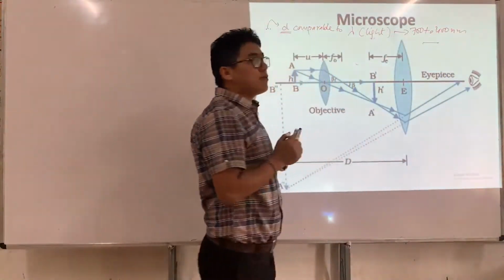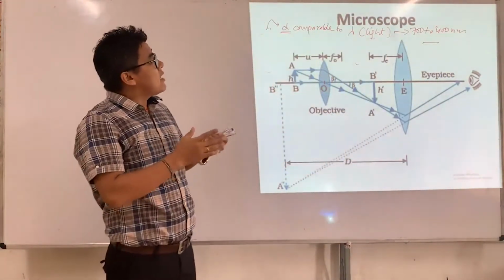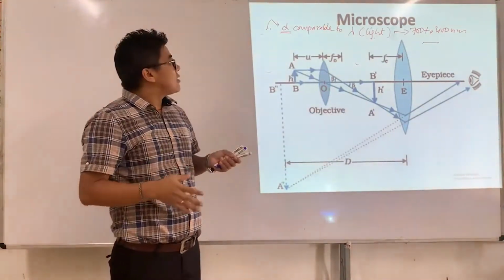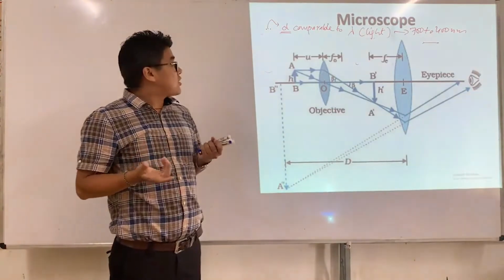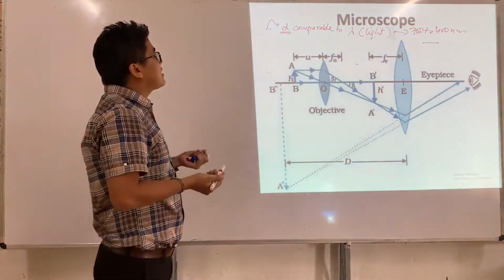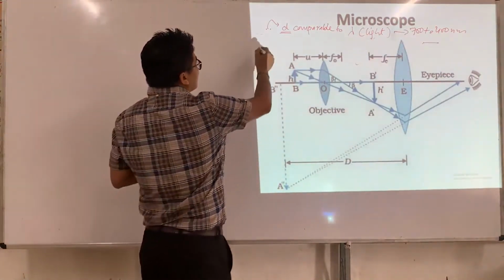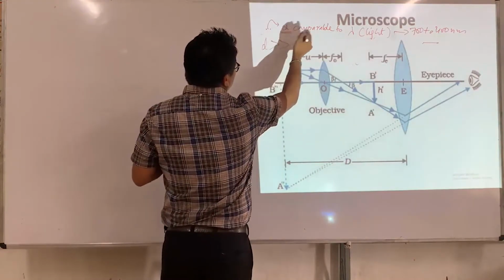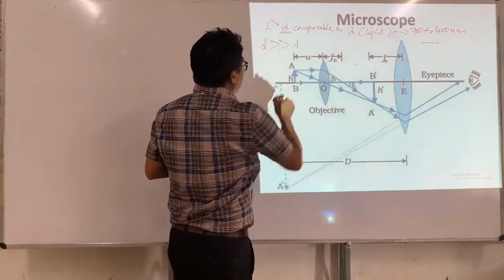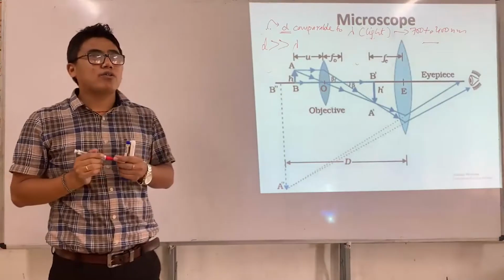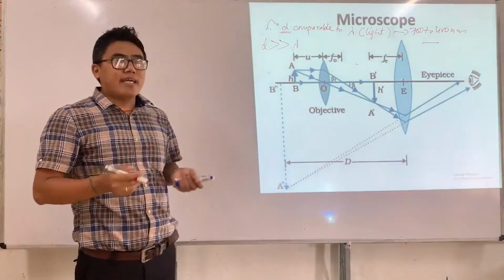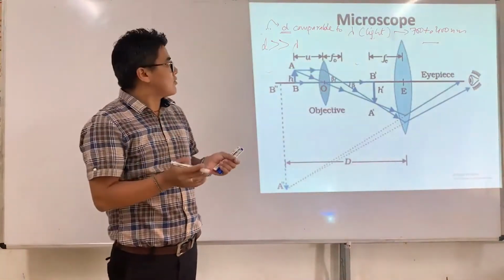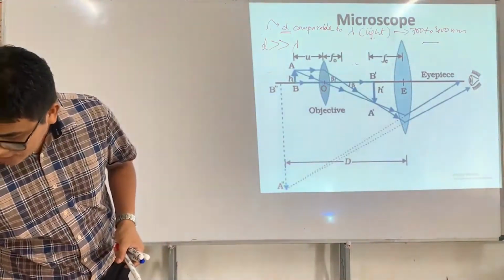If the distance between the two microscopic particles is comparable to this, then we talk about resolving power and diffraction. If this distance is much greater than the wavelength, then we don't need to talk about resolving power, and we won't get diffraction. This is a very important concept.